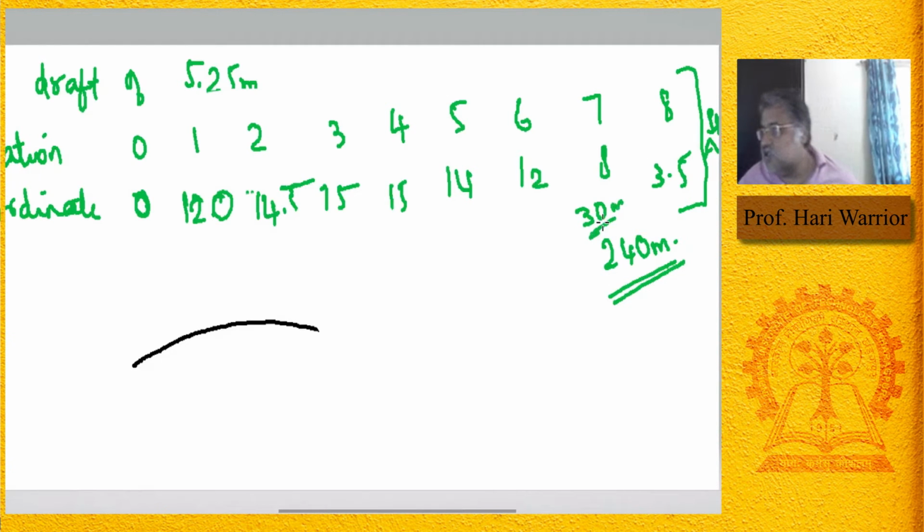That is fine. So what you need to do here, you are asked to find the transverse second moment of area, which is basically the moment of inertia about which axis?